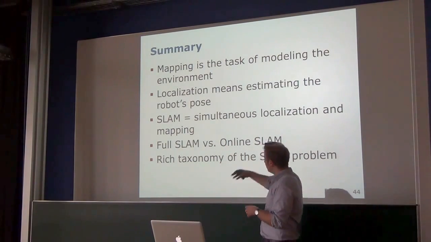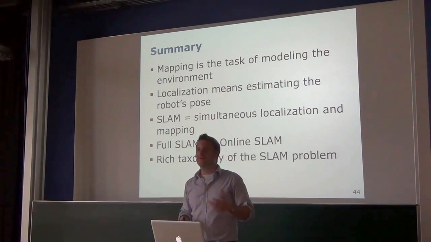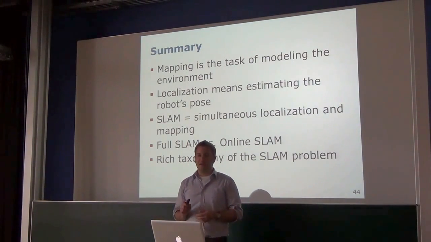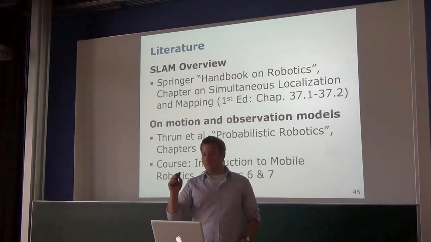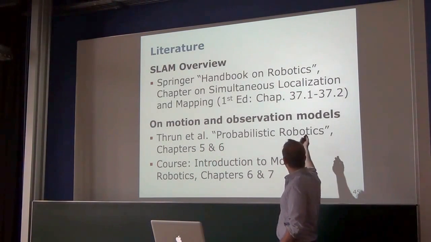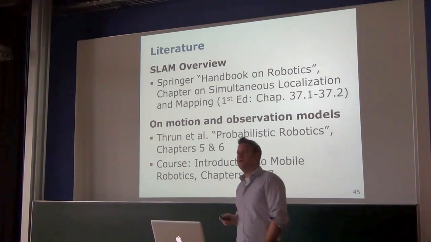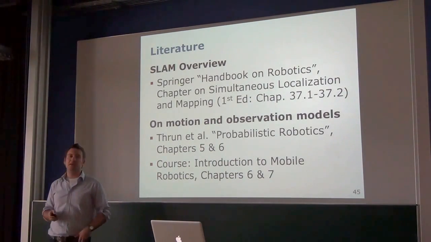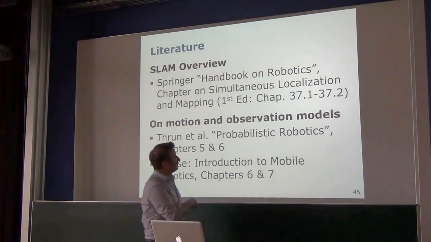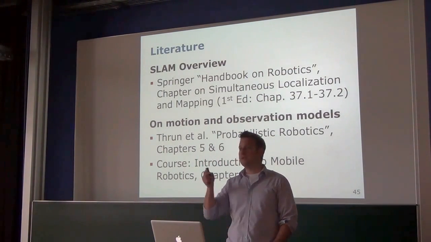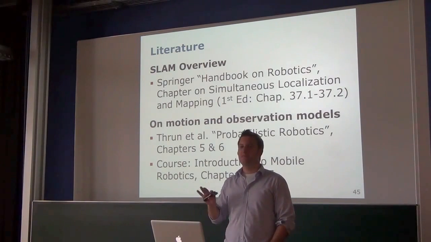And we also presented a rich taxonomy of different SLAM variants you find out there and different ways to solve that. For literature overview, you have one of the Springer Handbooks on Robotics, and the first edition is chapter 37. You also have the part introduction of the Springer book, which also discusses this taxonomy in more detail. On motion and observation models, as I said before, see the Probabilistic Robotics book or the course. And as I said, I will repeat the key basics of these two models next week as well.